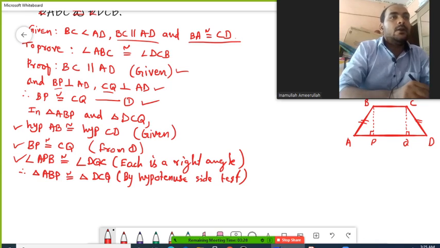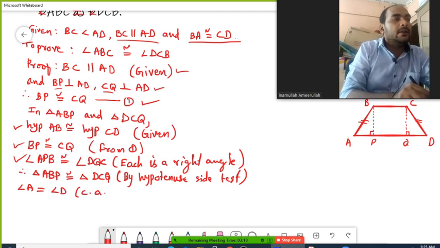If they are congruent, then angle A is congruent with angle D, because they are corresponding angles of congruent triangles.